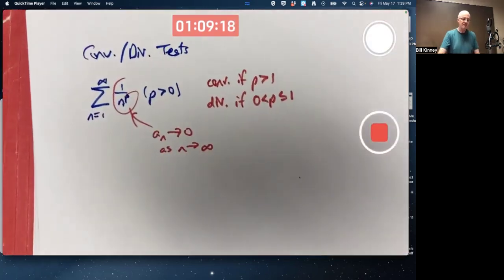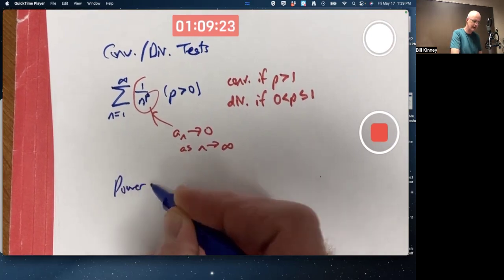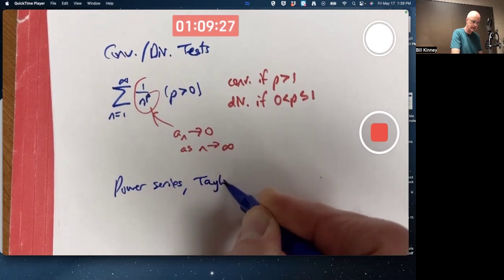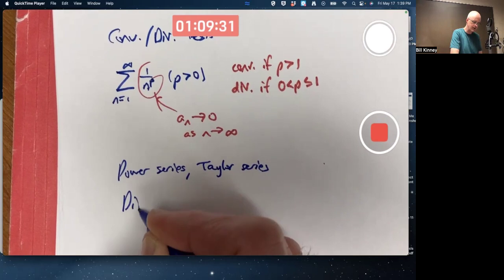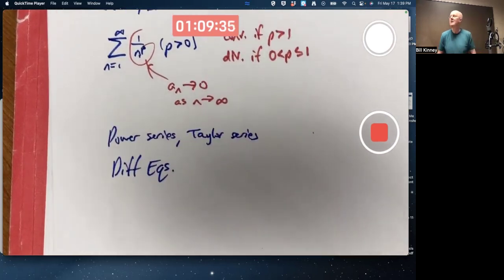And finally, we had power series, Taylor series, and the last chapter, differential equations, DiffEqs. Power series are infinite sums of powers of x, positive powers of x.